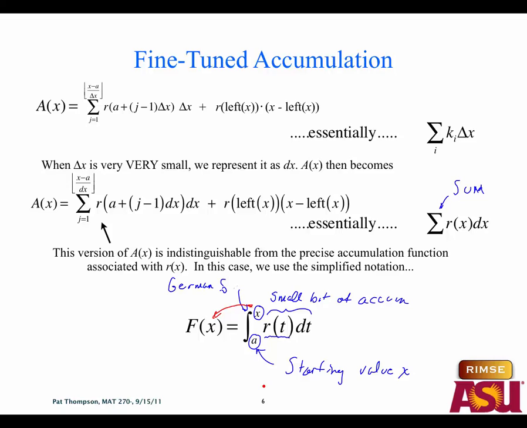Where we are with X. Yeah. Okay, so where we're going to stop accumulating, right? So the X, the input, is the right side of the interval over which we're accumulating. So A is fixed, and then we've let X vary. So then the output is the accumulation for every value of X here on the right.